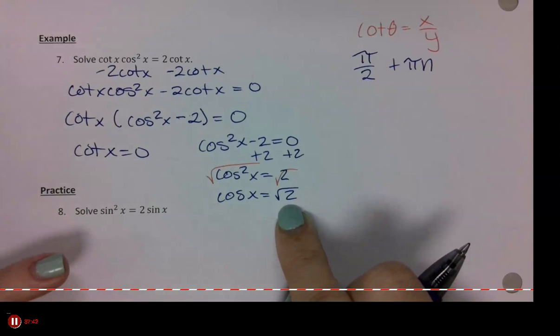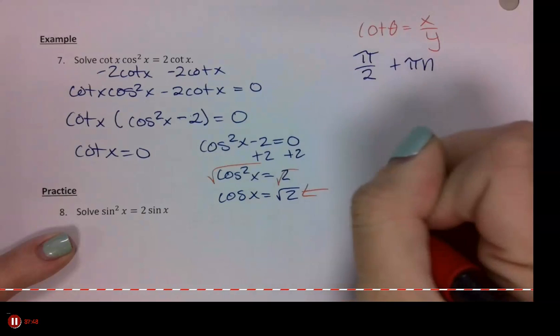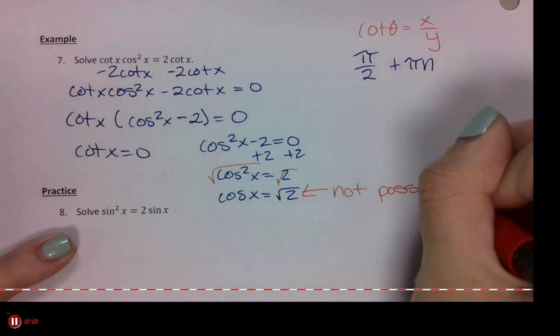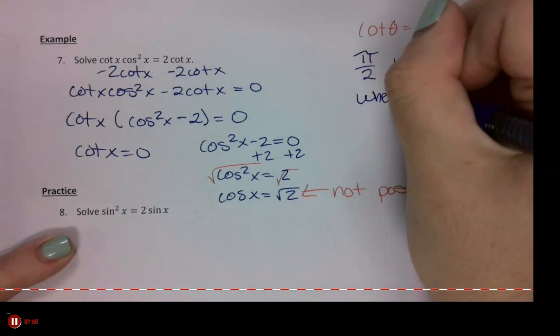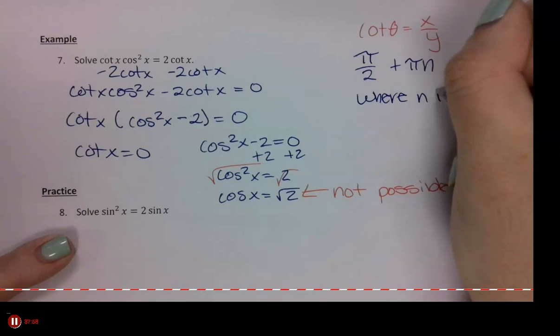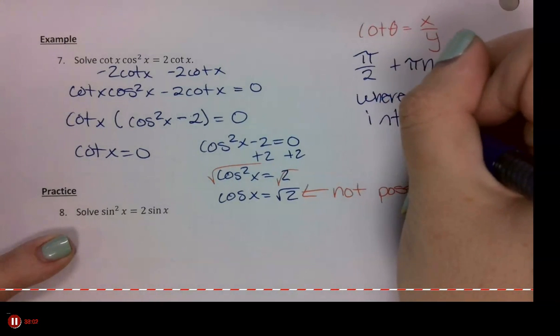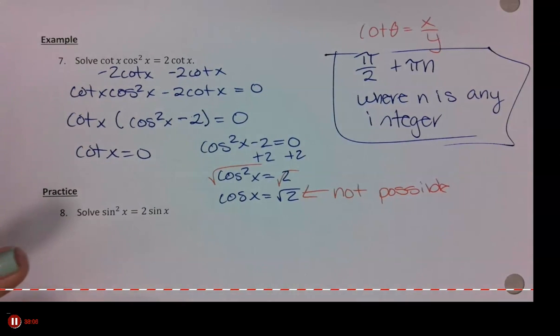Cosine only works between -1 and 1, so that's too large. So this one is not possible. There's still an answer. I had an answer for cotangent. And then I just need to finish writing where n is any integer. So questions here.